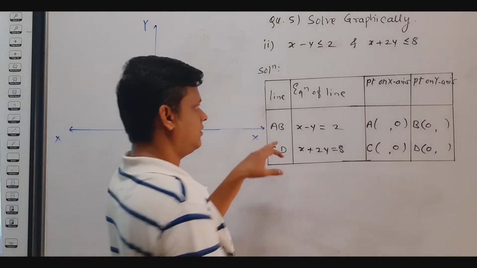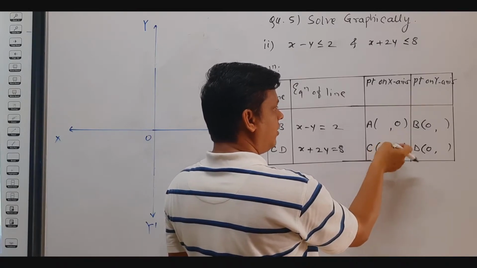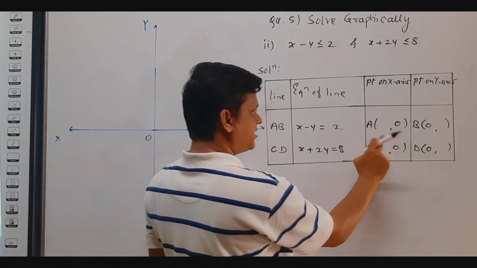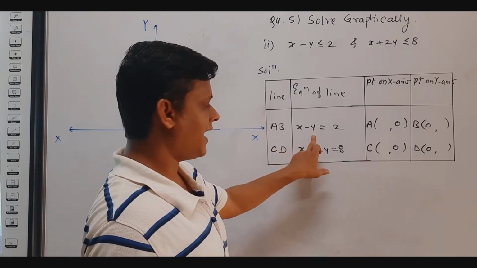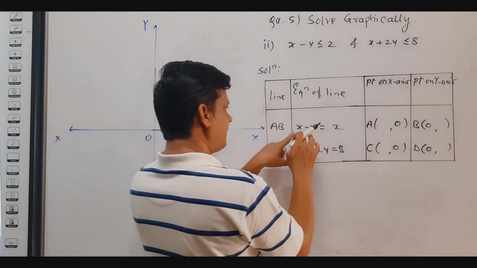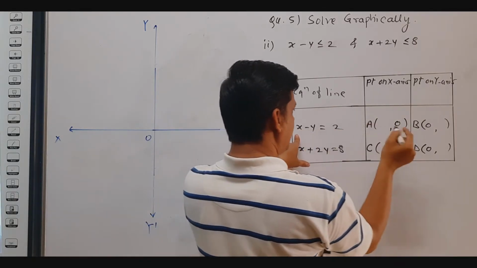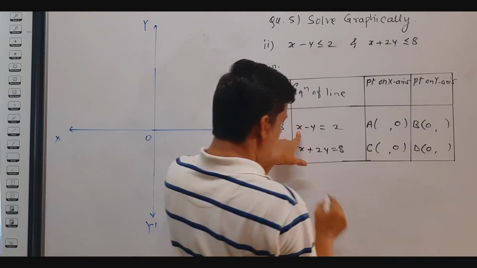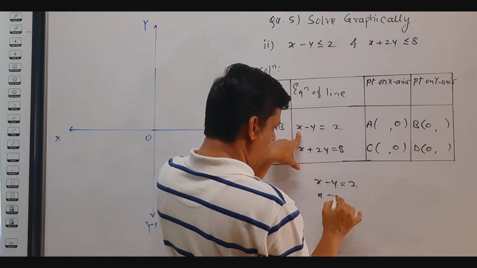So first we consider a point on the x-axis. On the x-axis the y coordinate is 0. So we replace the value of y by 0.